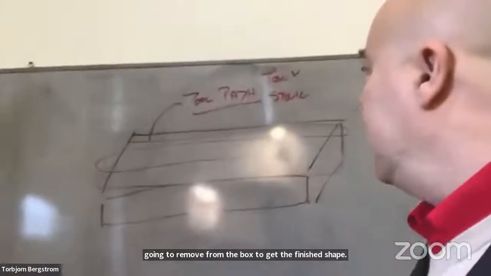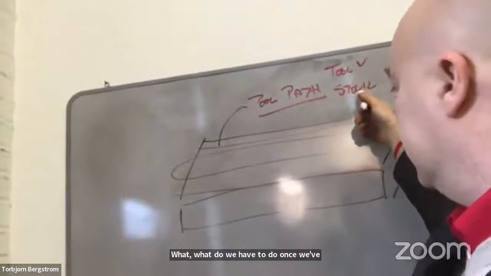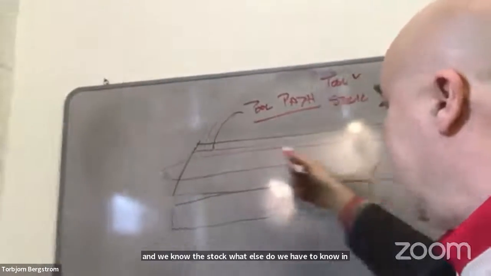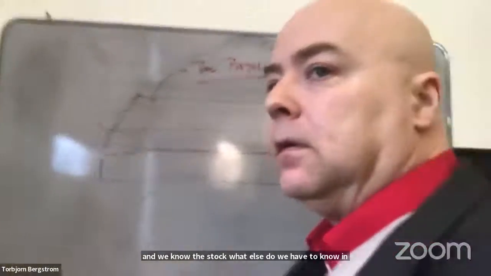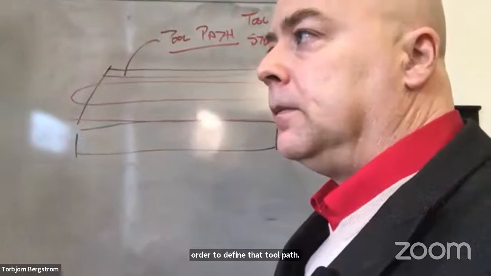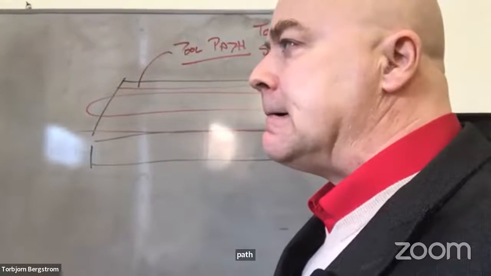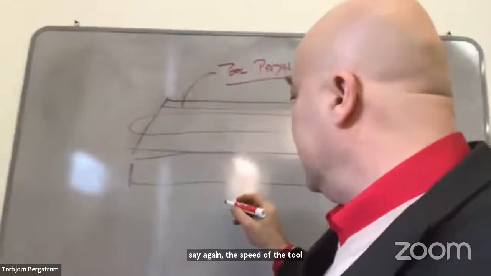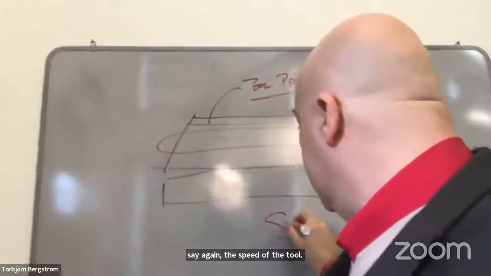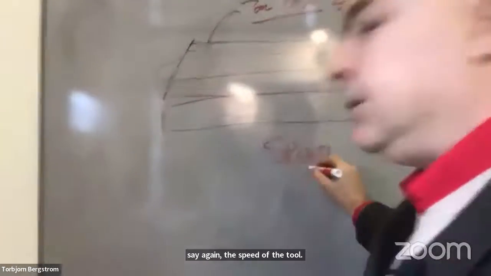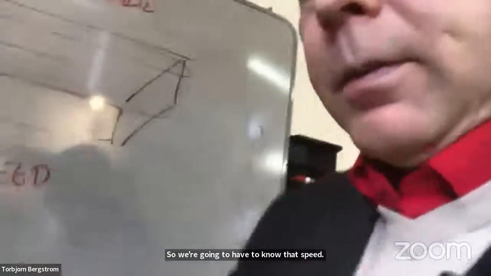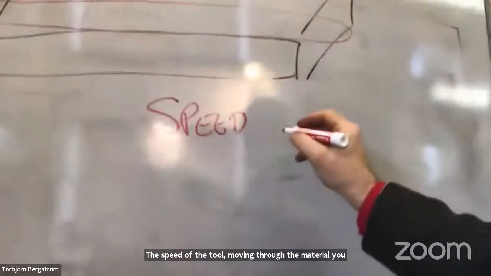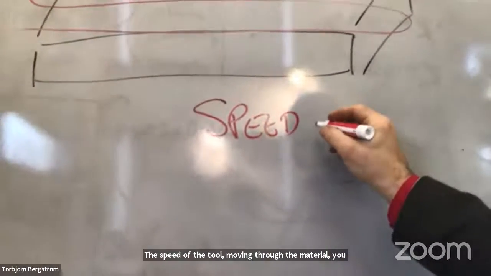What do we have to do once we've picked the tool and we know the stock? What else do we have to know in order to define that tool path? Speed of the tool? Say again? The speed of the tool moving through the material? So we're going to have to know the speed of the tool moving through the material. There are two speeds we have to worry about here.